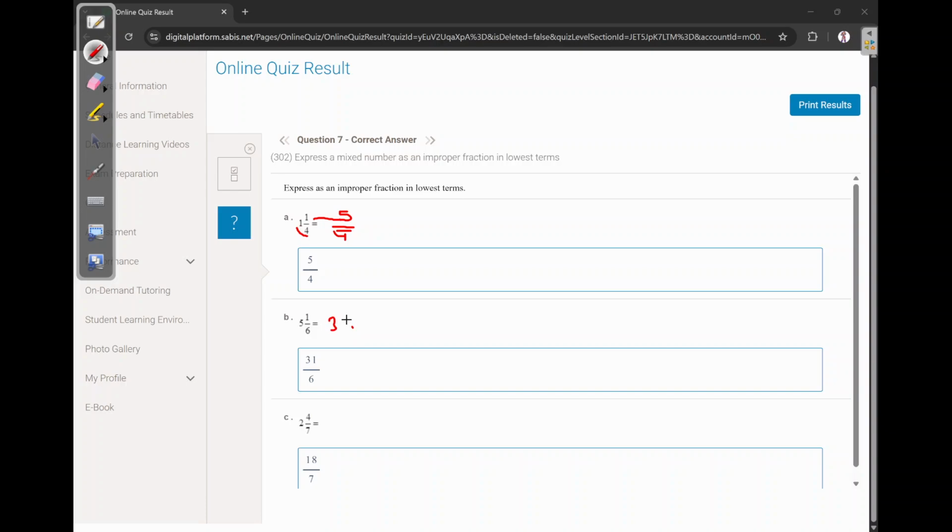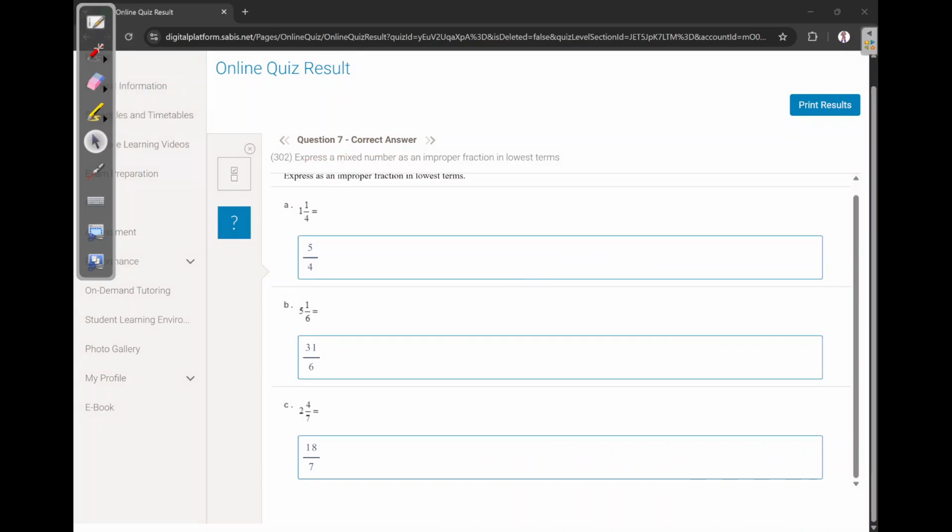And then now we plus the numerator, which is now 1. C. 2 times 7 equals 14. And then we plus the numerator, which is 18 over 7.